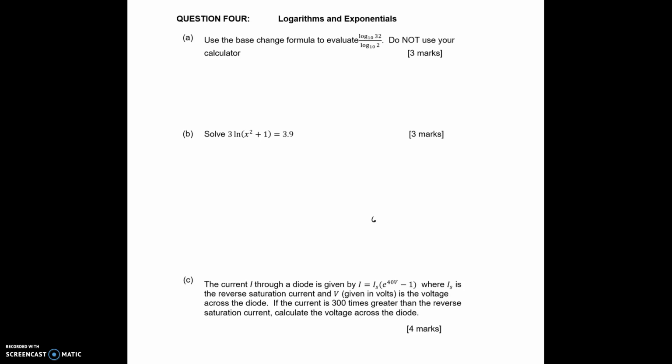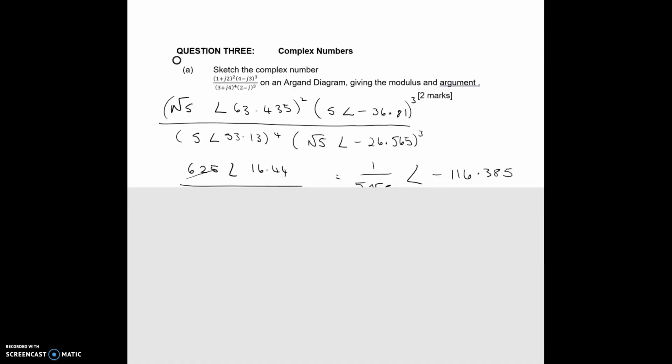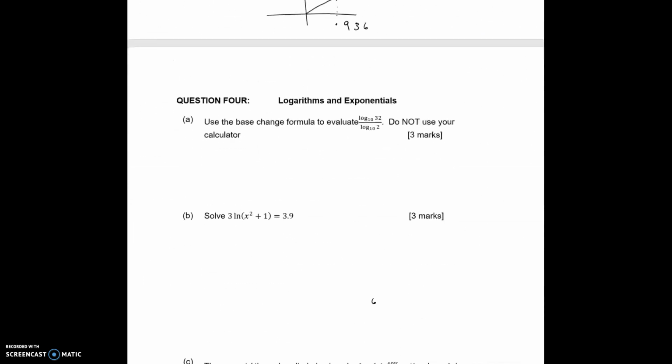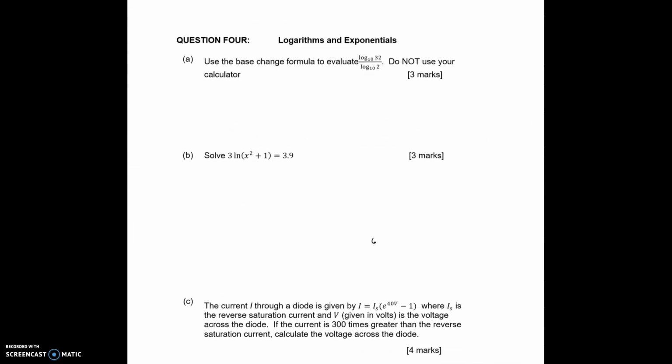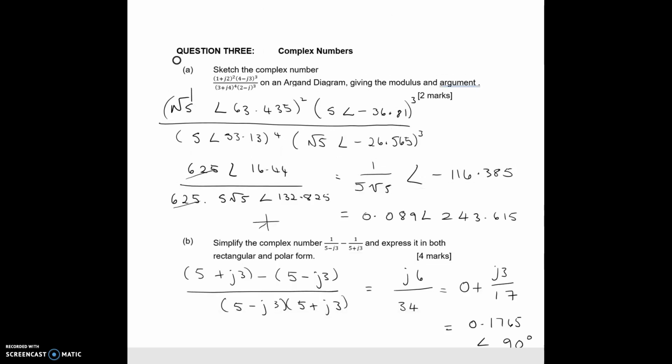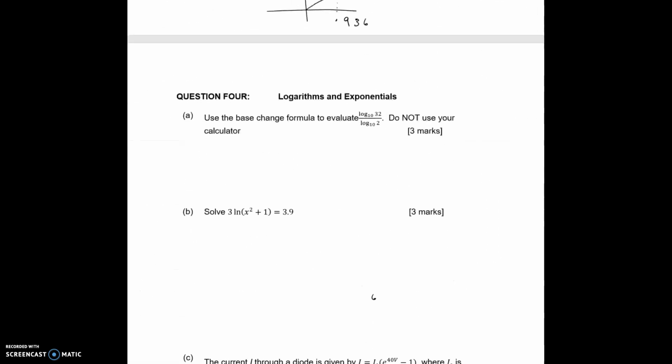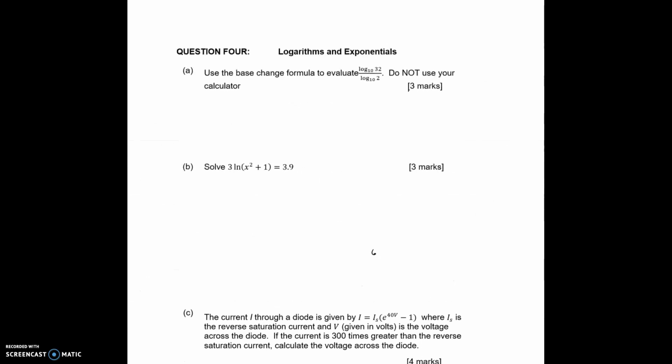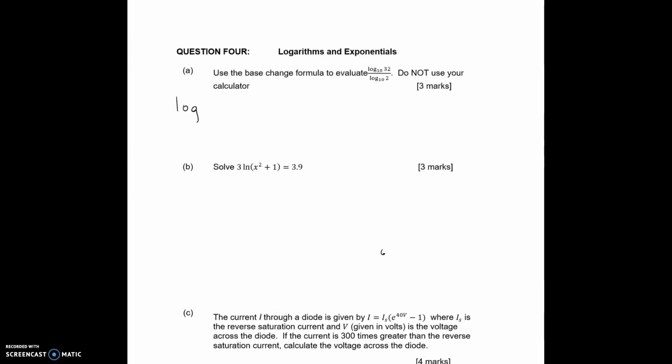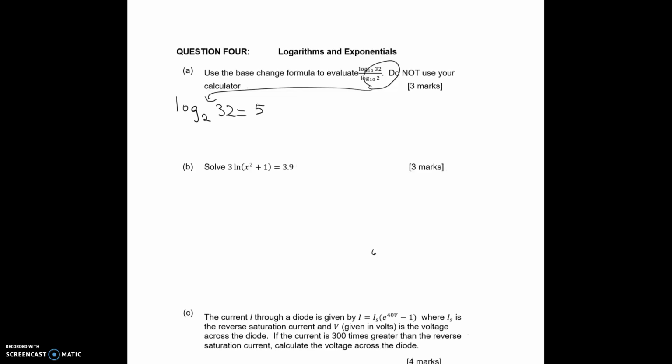Just undoing that says that you've got log 2 of 32, so what that's saying is what power of 2 is 32, and the answer is 5.